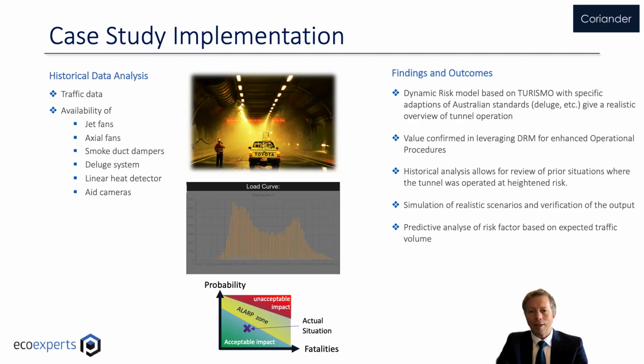So rather than having a minimum equipment list that says when a jet fan fails, you close the tunnel, or you need more than one deluge zone to have become unavailable to close a tunnel, or whatever the operational rules are of that particular asset, you now have a continuous assessment basis that allows tunnel operators to verifiably keep the tunnel in the safe zone and balance that with disruption to traffic.